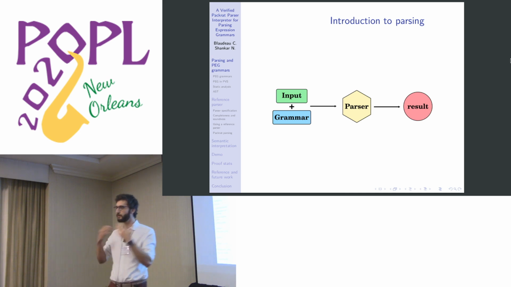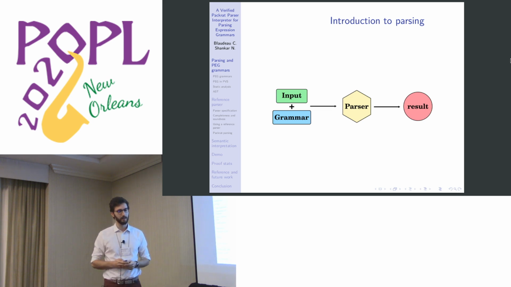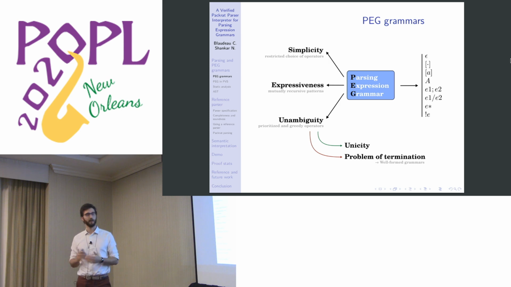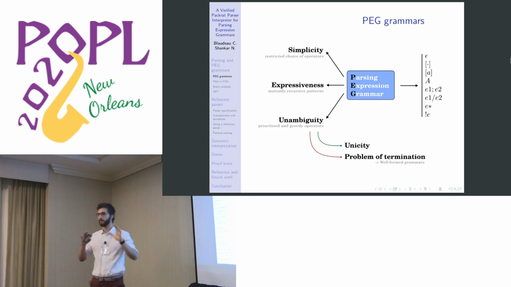So if you're going to do a verified version of this thing, you may want to use grammars that ensure some strong properties. And that's why we chose to use the parsing expression grammar developed by Ford. Those grammars basically follow three main goals. They are simple: they use a restricted choice of operators. They are expressive because you have mutually recursive patterns.